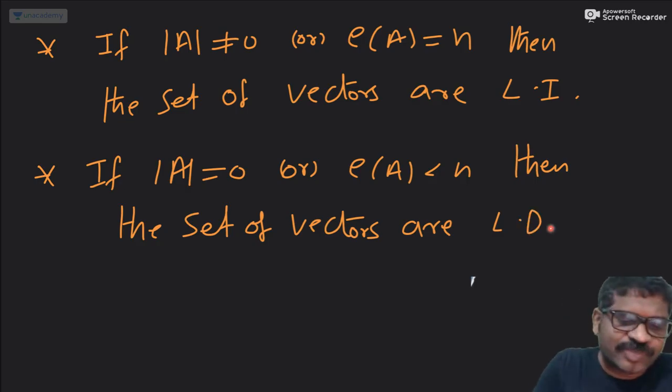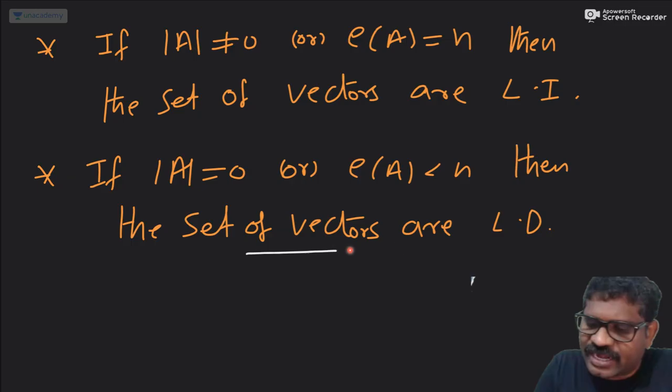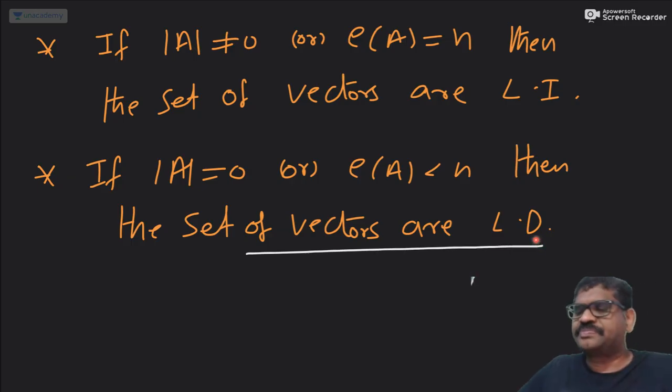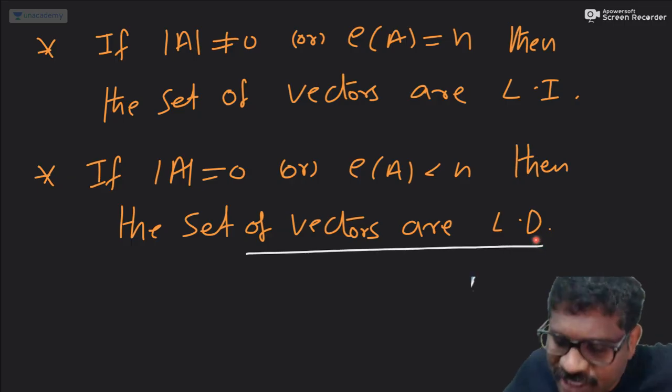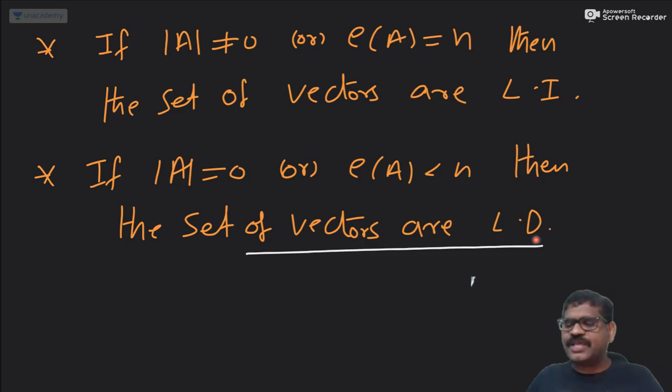I have to explain this point especially, because most of the students get confused here. Avdesh, I am explaining, you have to wait. I have not even started the example.